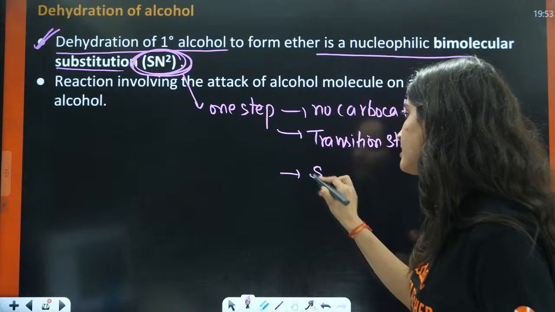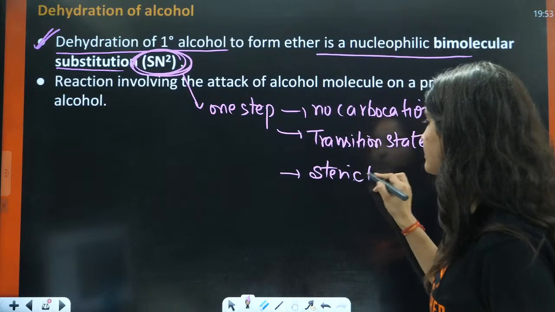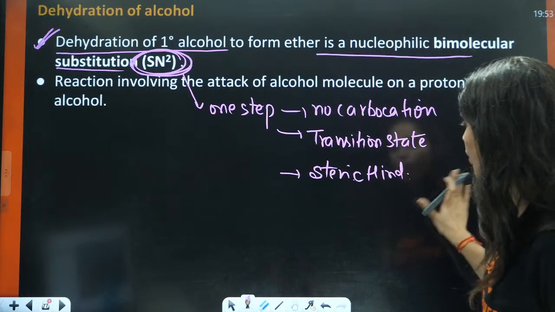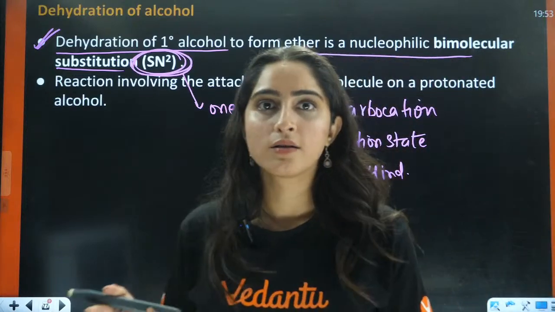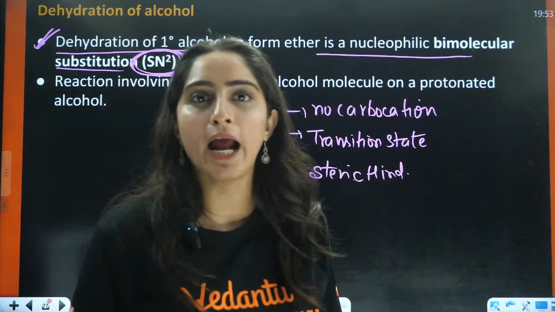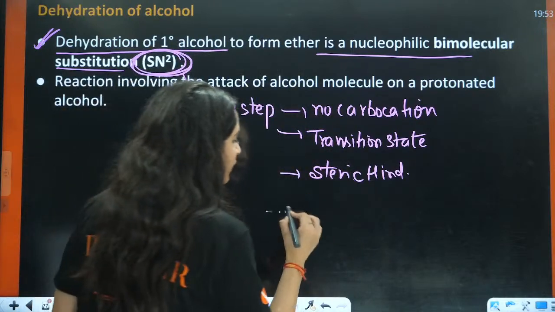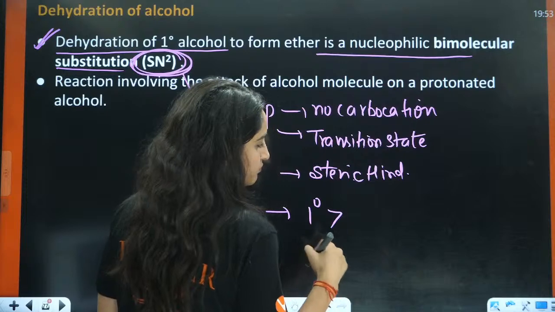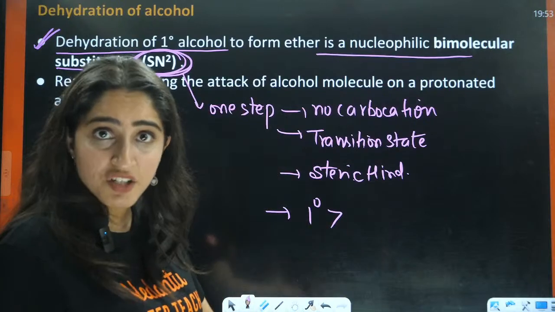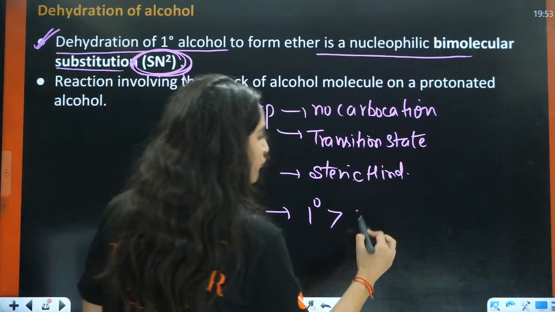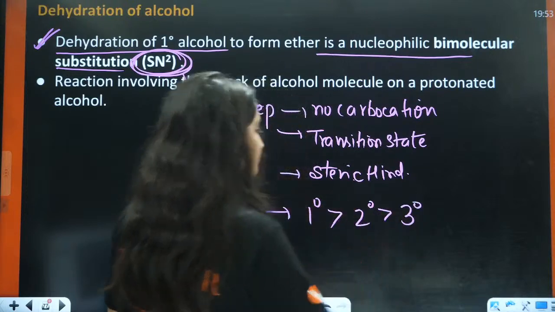Now tell me students, which will have less steric hindrance and which will have more? Steric hindrance means too many people at one place, right? Crowded. So here we know that 1 degree is less crowded, so the reaction rate will be very fast. Then you have 2 degree, then 3 degree.